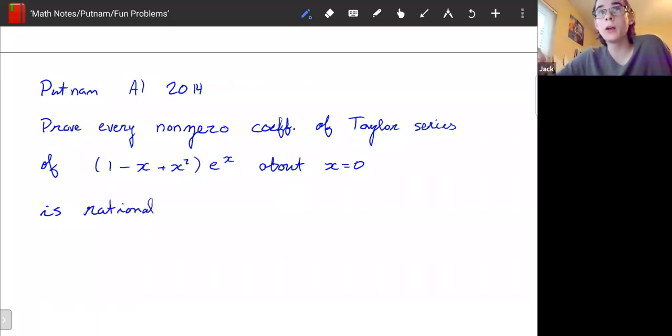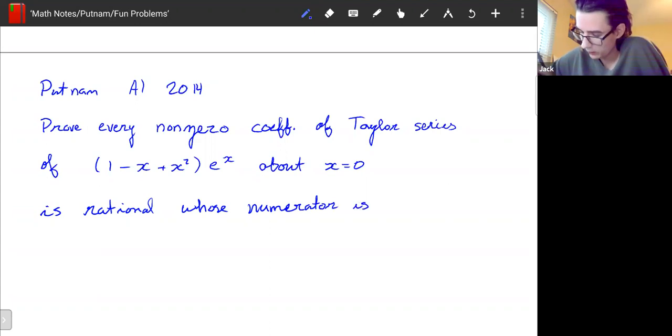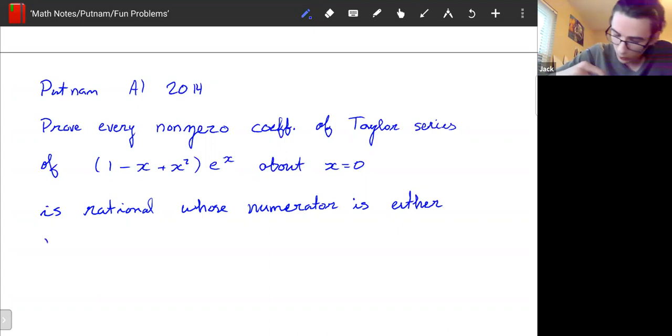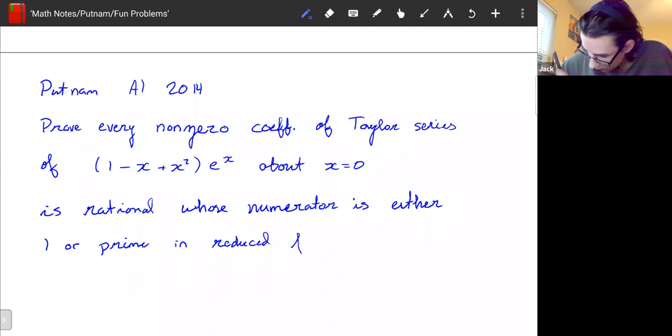And not only rational, but whose numerator is either 1 or it's prime in reduced form.